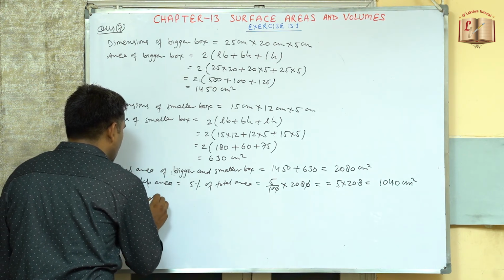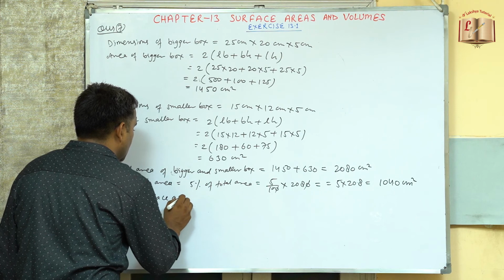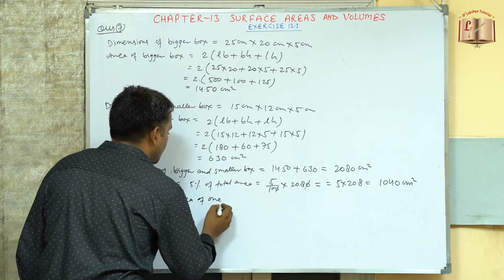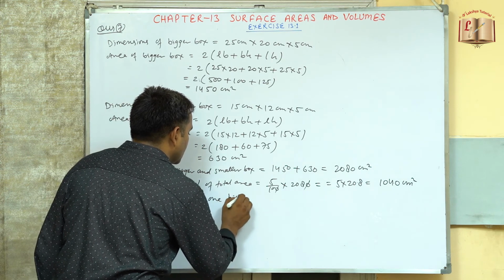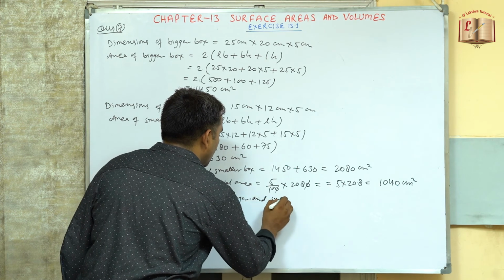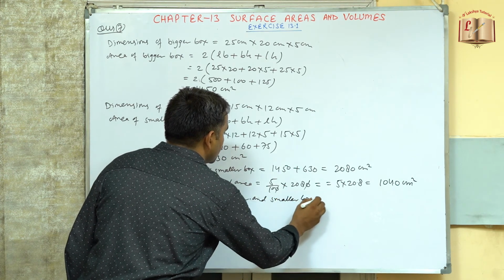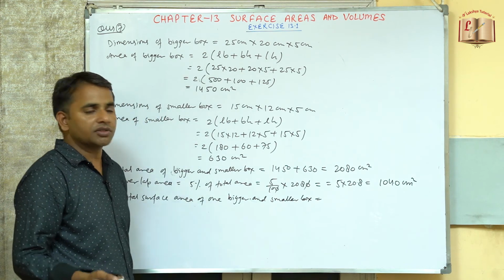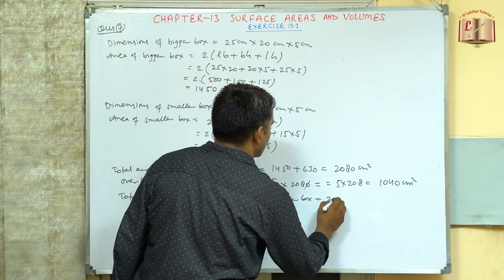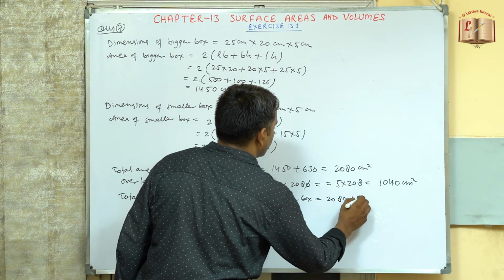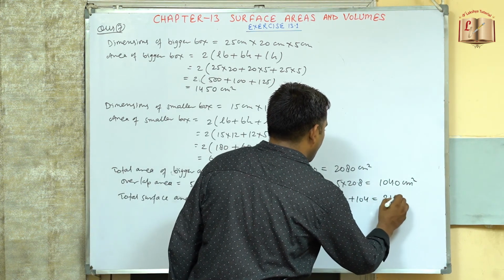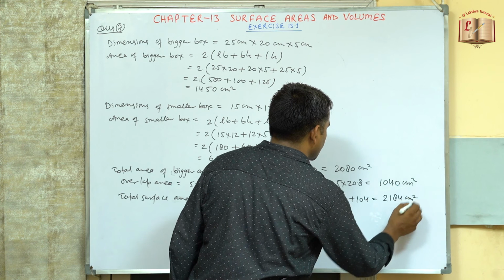So total surface area of one bigger and smaller box. बिगर और स्मॉलर बॉक्स की total area क्या हो जाएगा, including this overlap. So this will be equals to 2080 plus 104, which is 2184 centimeter square.